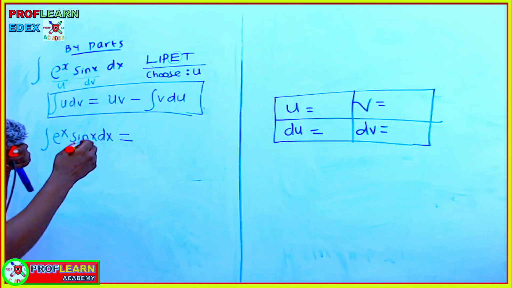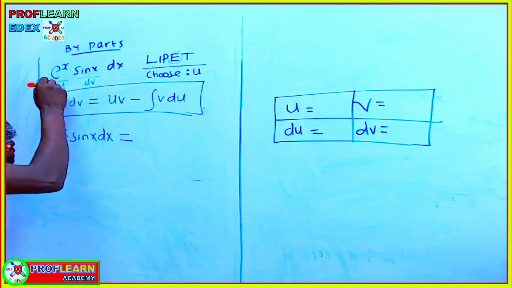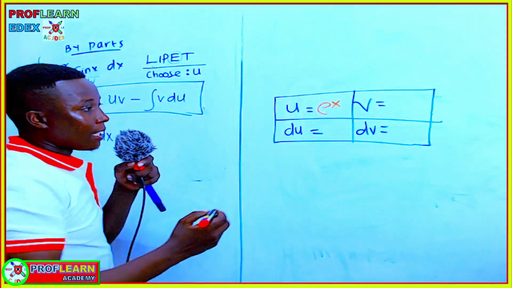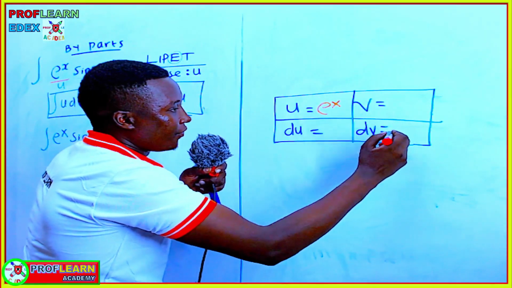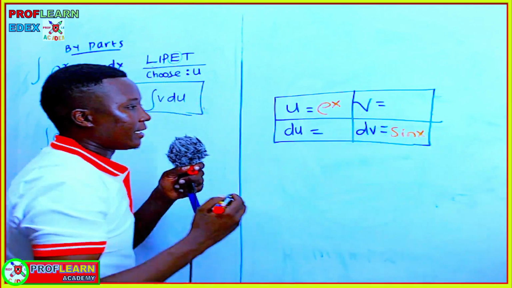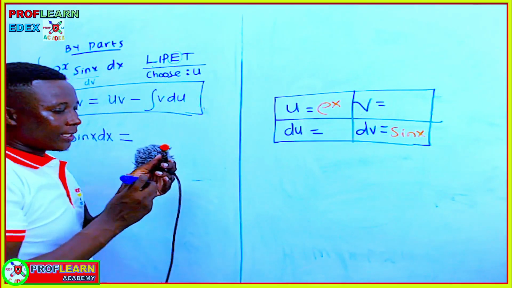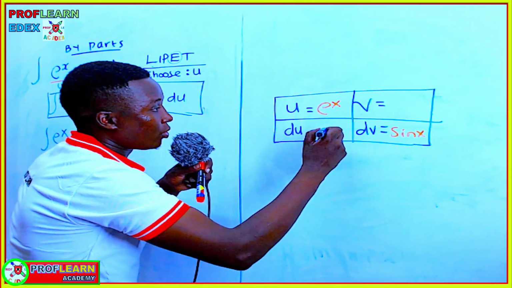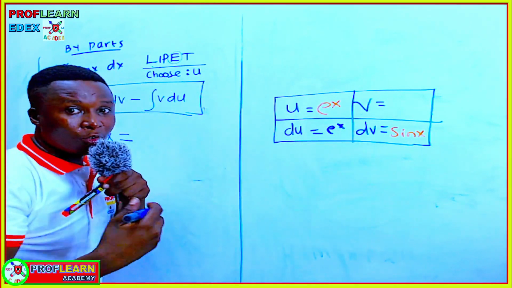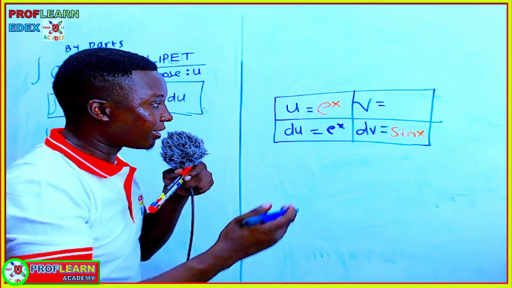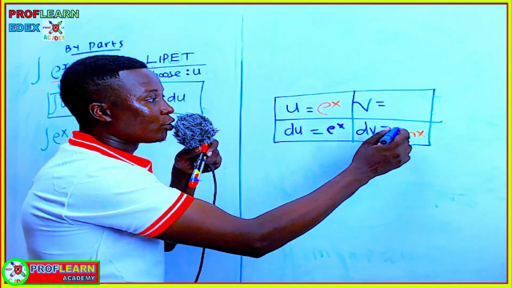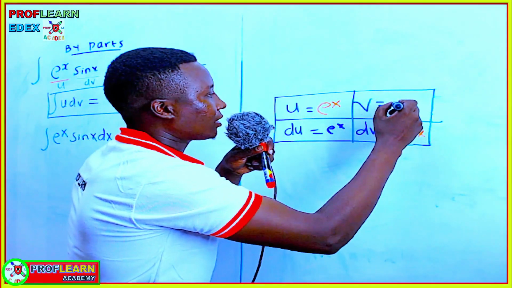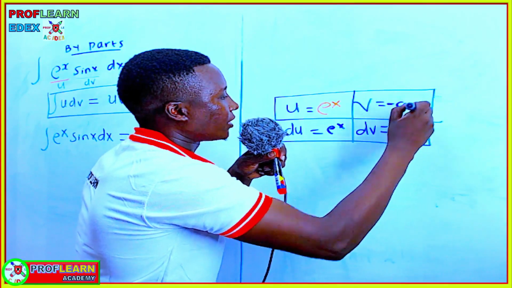We have said that our u in this case is going to be e to x, and our dv is going to be sine x. In order to get du, we differentiate the exponent and we get the same exponent. To find v, we integrate sine x, and we get negative cos x.